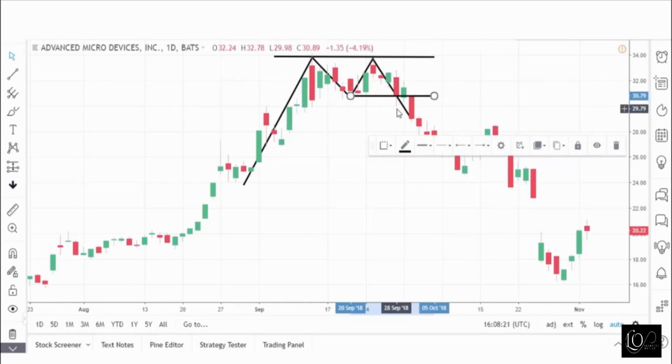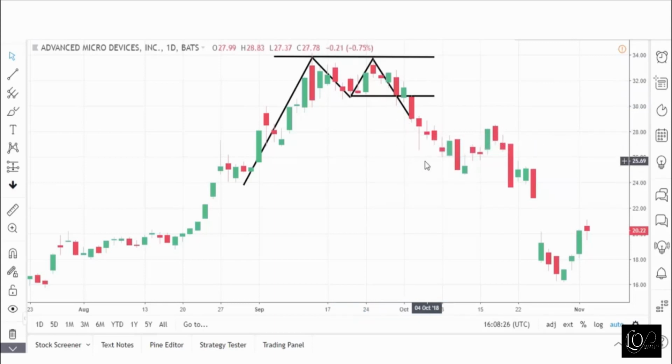But the stock breaks through here in late September to the downside. And when the stock breaks to the downside, that's when we want to either sell our long position that we've held during this bull run, or we may want to go short the stock as it completes the double top pattern. So that's a double top in AMD reversing a bullish pattern with the stock now in a bear trend.